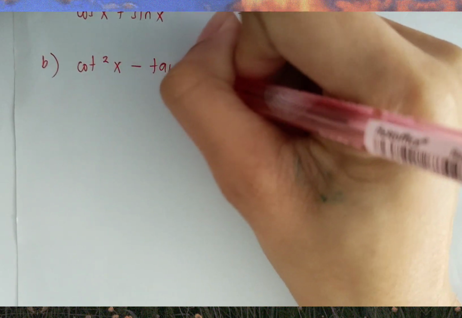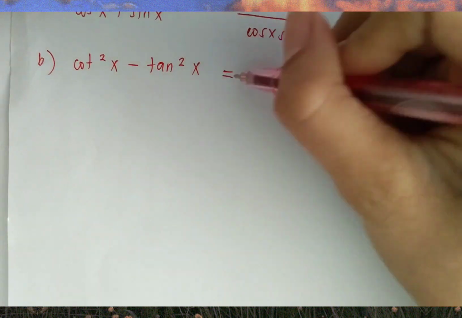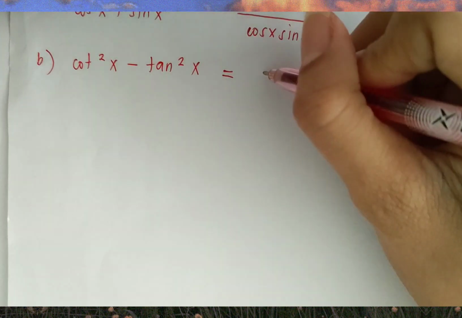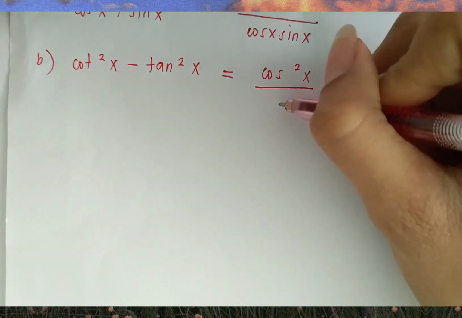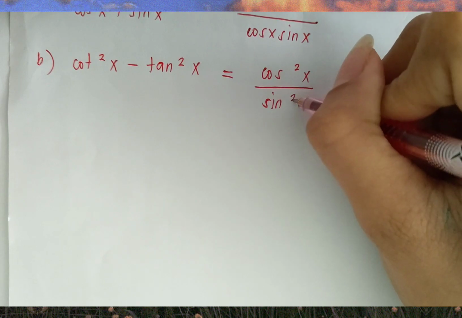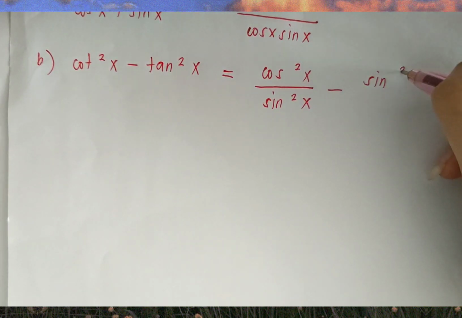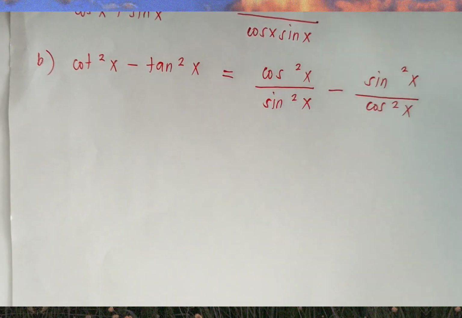So let me copy the given: cotangent squared x minus tangent squared x. Use the fundamental identities. We have cosine squared x all over sine squared x minus sine squared x all over cosine squared x.